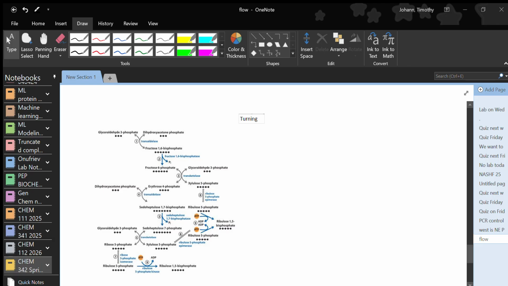Turning 6 times 3-carbon intermediates, it's really 5 times at this point, 5 times 3-carbon intermediates, because you pull one of them off and you use it, into 3 times 5-carbon intermediates is a complex process.